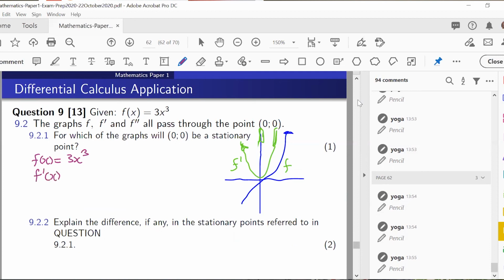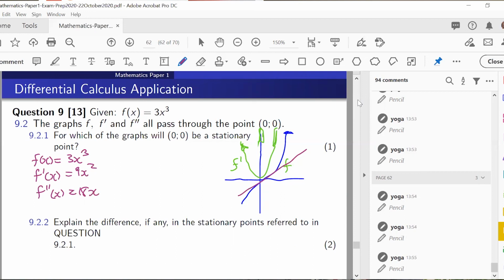The derivative is 9x squared. Now the second derivative is 18x, and 18x is just a straight line. Now, for which graph is 0, 0 a stationary point?